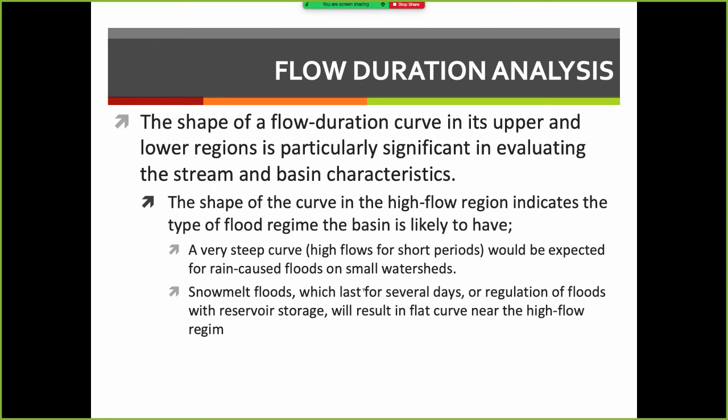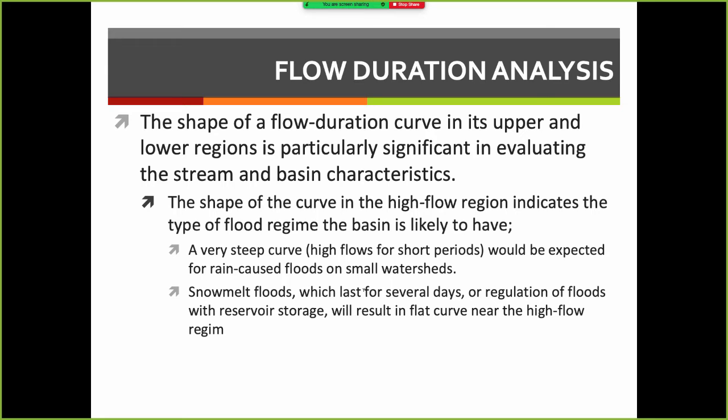So the shape of the curve is significant. In the high flow region, the shape of the curve tells us the type of flood regime that a basin is likely to have. So a very steep curve, which would be high flows for short periods, would be anticipated for a small watershed that responds strongly to rainfall.